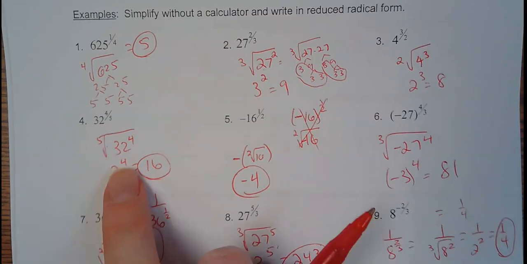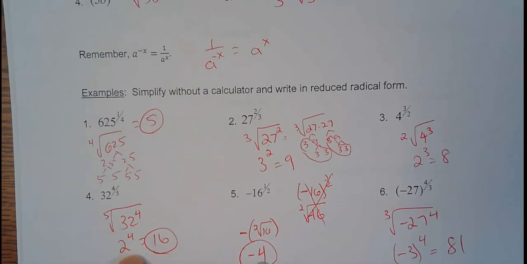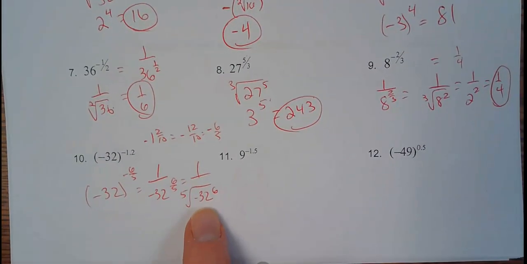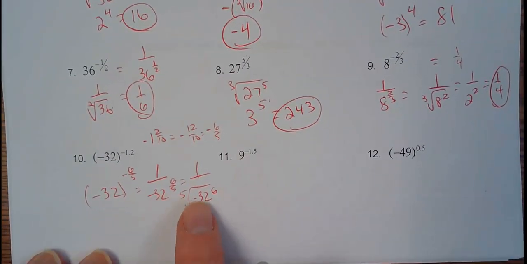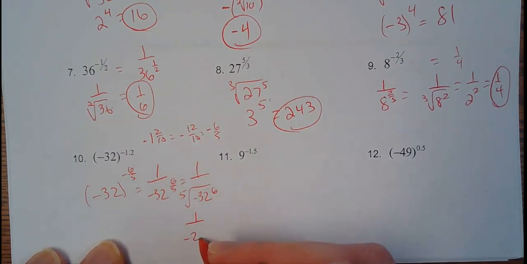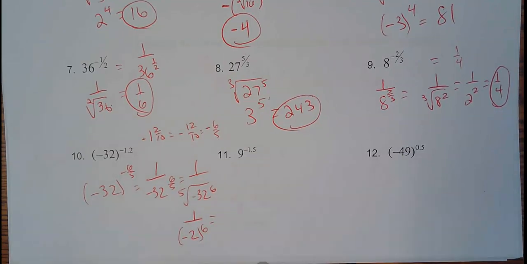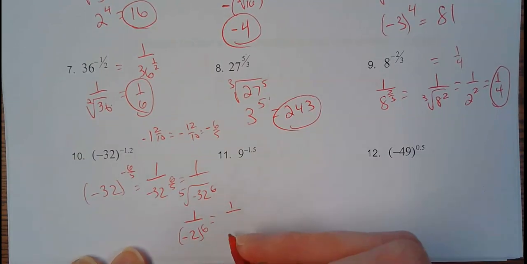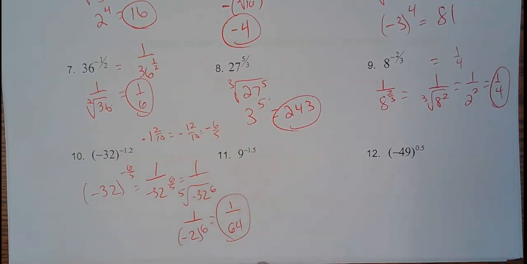I know we did it. Yeah, right here. We did the fifth root of 32 is 2. Down here, the fifth root of 32 is 2, but it's a negative because we have a negative 32. So this is going to be 1 over negative 2 to the 6th power. That's still in parentheses. We have a negative to an even power. It's going to be positive. This is going to be 1 over 64. So 1/64.